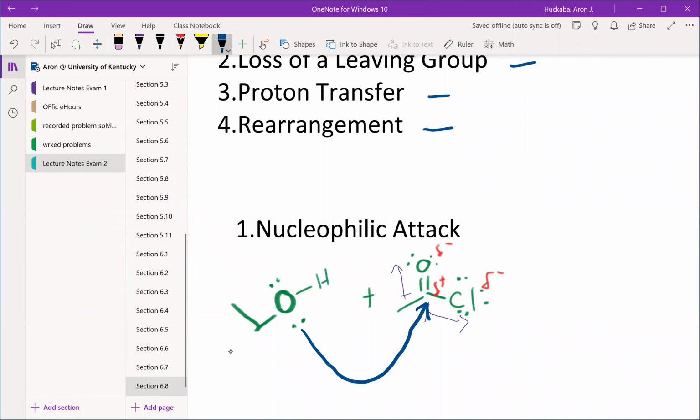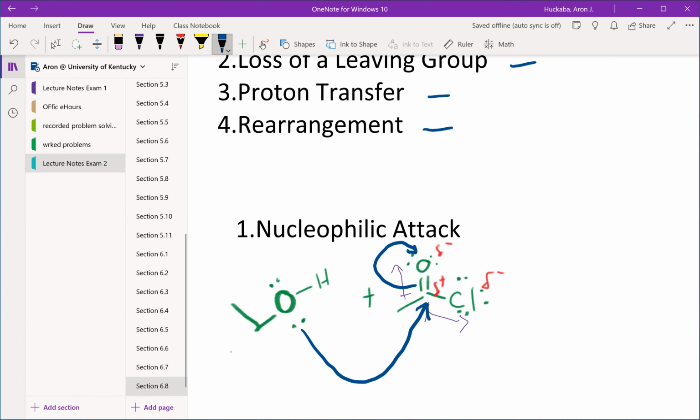But once this happens, if you notice, then the carbon, the electrophilic carbon, will have too many electrons. It'll have 10 instead of the 8 that it wants. So just like we did in the resonance section, the electrons from this double bond are going to flow up to the oxygen.